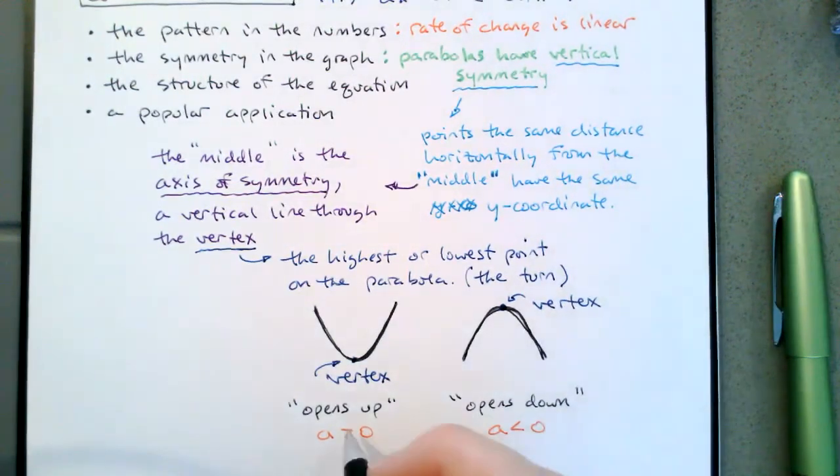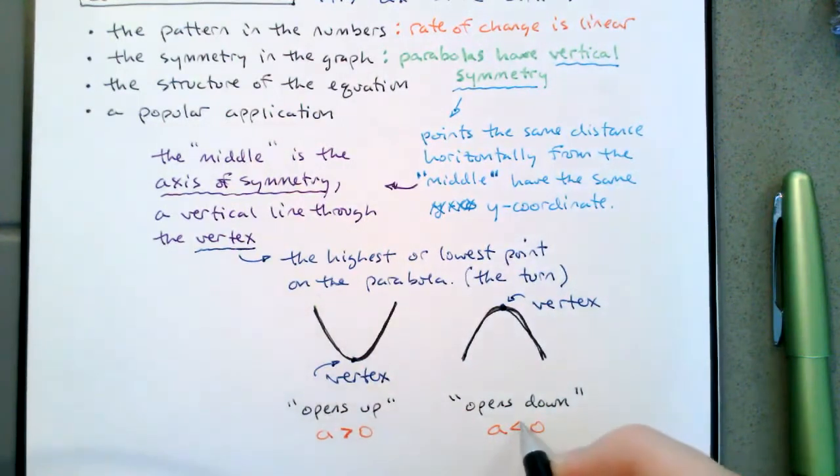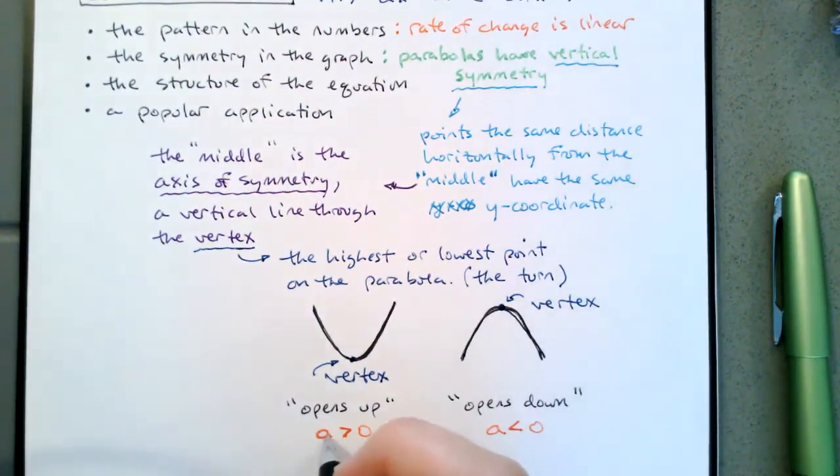So up is positive. That's usually two things that we put together. So it makes sense that I refer to this parabola as opening up, because it associates up with positive and down with negative. It just assigns the positive direction, which is what we typically do anyway.